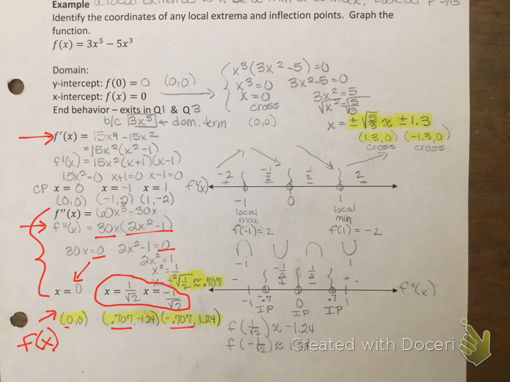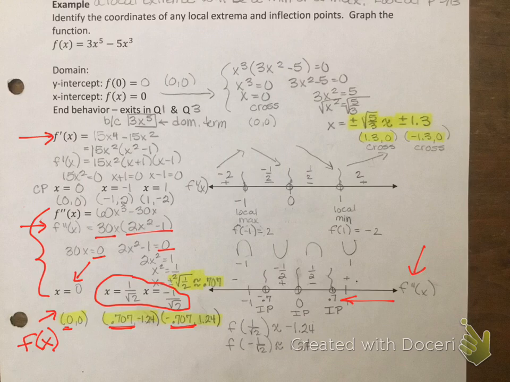I am now going to take these second order critical points that I have underlined here, put them on my number line. You can see all three of those right there. I am going to divide my second derivative number line into intervals using those critical points.